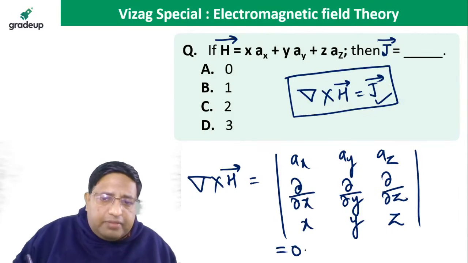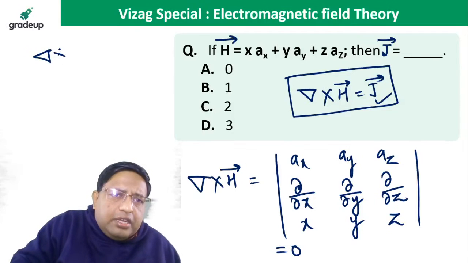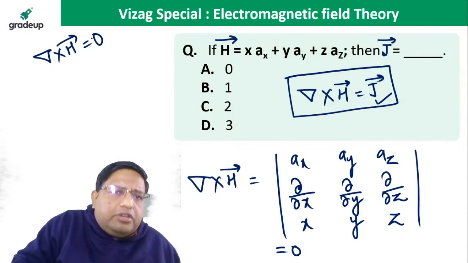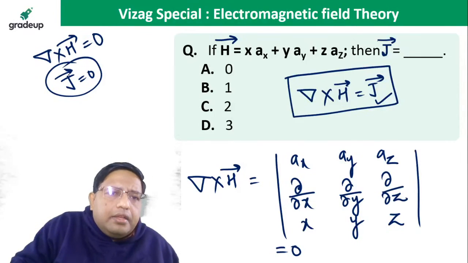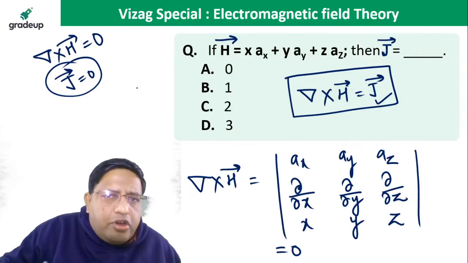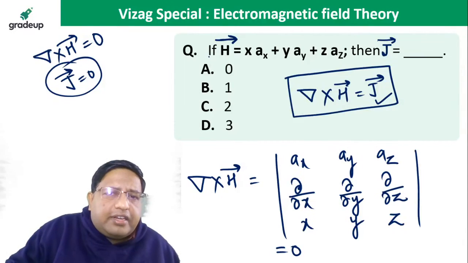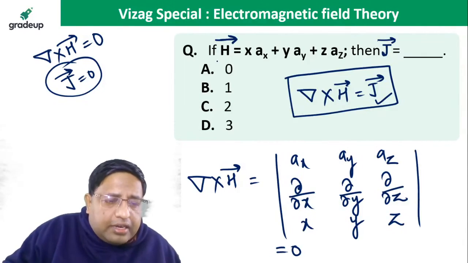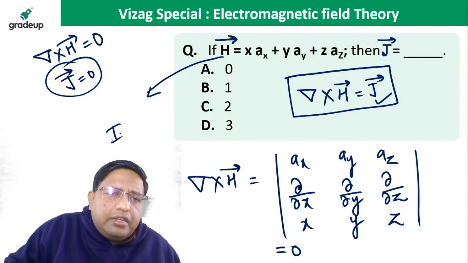And if the curl of this vector is 0, that means J is also 0. If del cross H is coming 0, that is the J. J vector is 0. And you already know, if curl of a vector is 0, that vector is called irrotational vector, irrotational field.